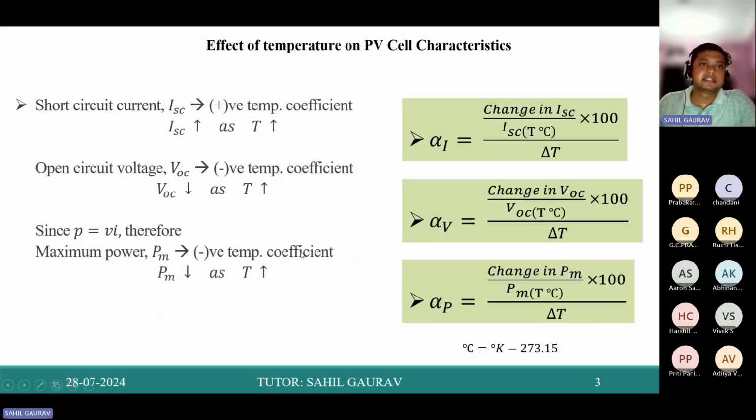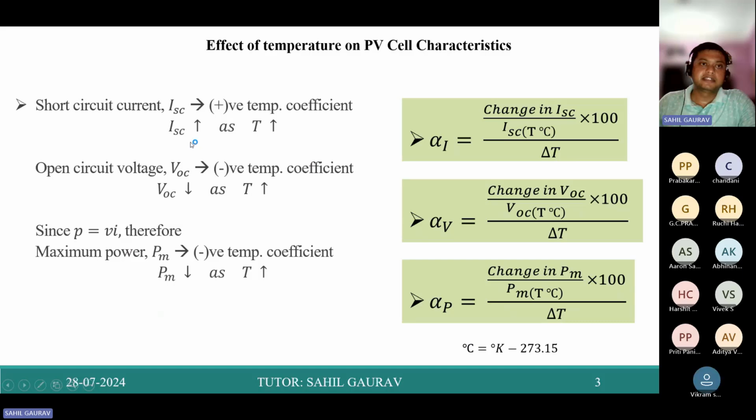Now coming to the second slide, the effect of temperature on PV cell characteristics. Short circuit current ISC has a positive temperature coefficient, so it goes up as temperature goes up, and declines as temperature goes down.